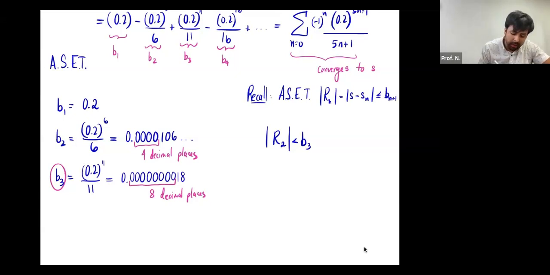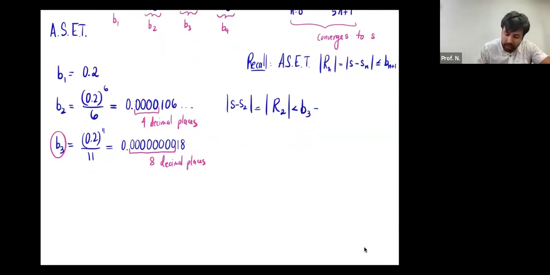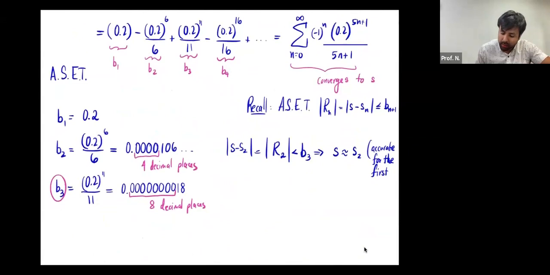So if the third term in the sequence is the upper bound that I need, that means I must have computed the remainder between the partial sum S2, the partial sum with its first 2 terms, and the actual sum. So S is approximately S2, and S2 is accurate for the first 6 decimal places.